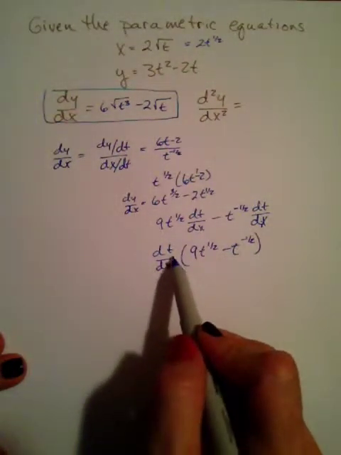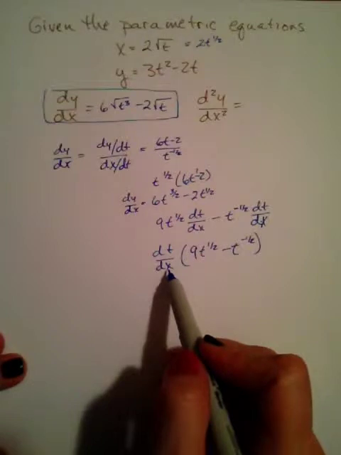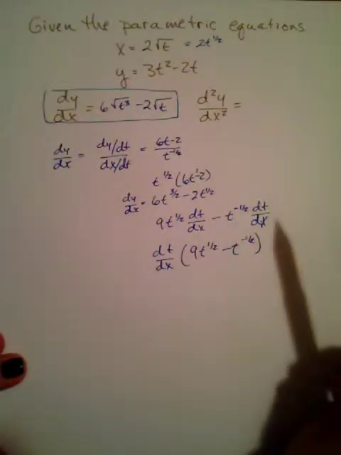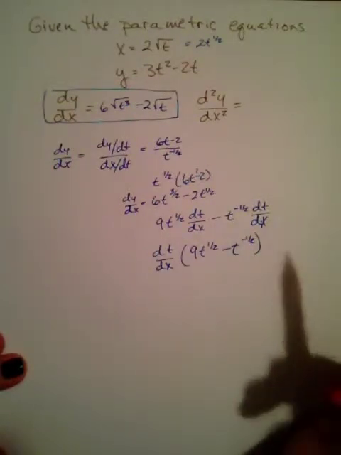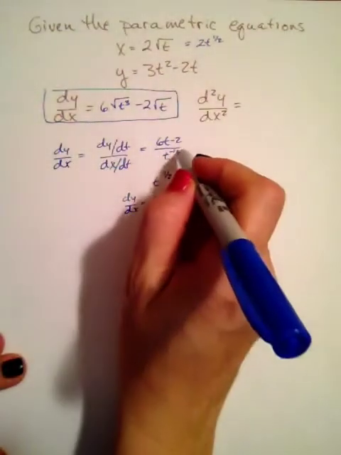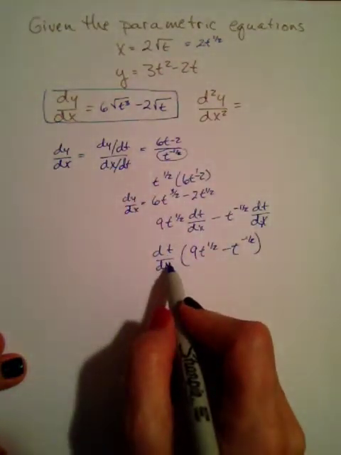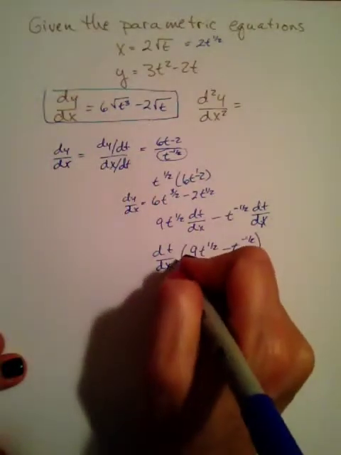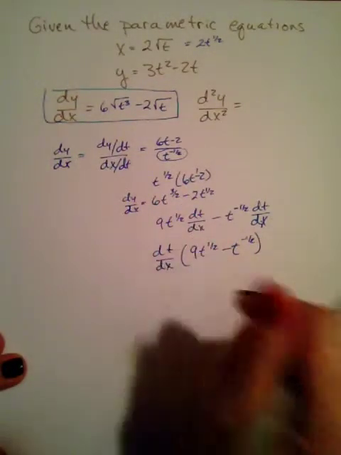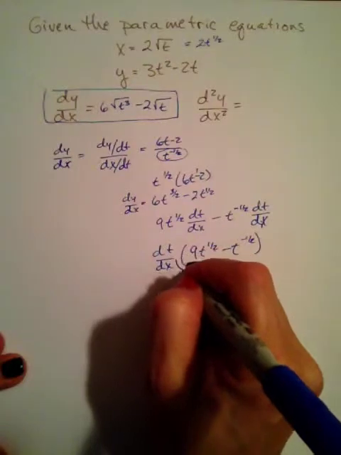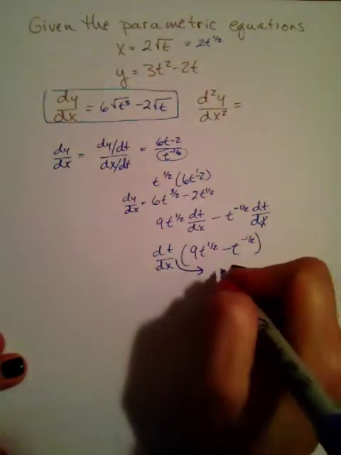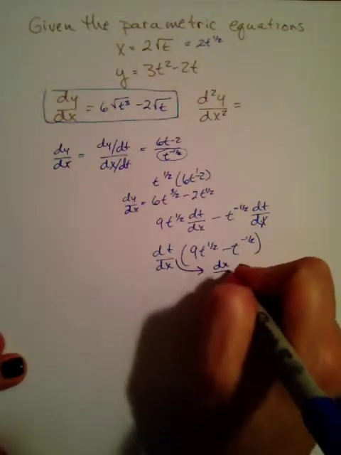Well, I don't actually know what dt/dx is, but I definitely know what dx/dt is. So that's what I'm actually going to look at, which is this t to the negative 1/2. But to change a dt/dx into a dx/dt, I'm actually going to turn it over, so I'm going to divide by it. I can bring it down into the denominator as a dx/dt.